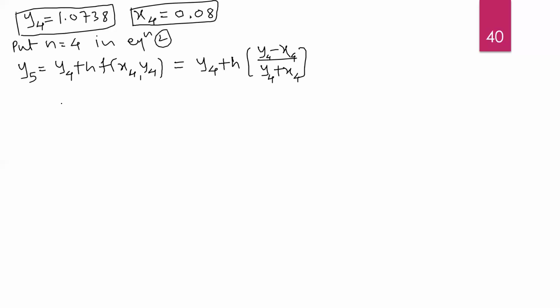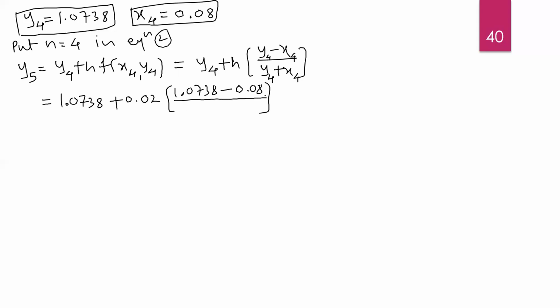Now substitute the value. The value of y4 we have calculated, 1.0738, plus the value of h is 0.02. Now y4 is 1.0738 minus 0.08.